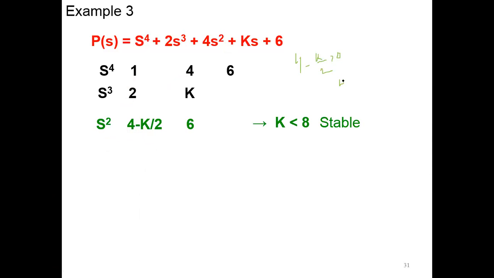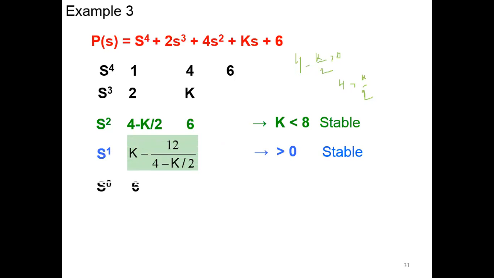That means 4 should be greater than k over 2, or k should be less than 8. So the next condition is (k minus 12) over (4 minus k over 2) should also be greater than 0.